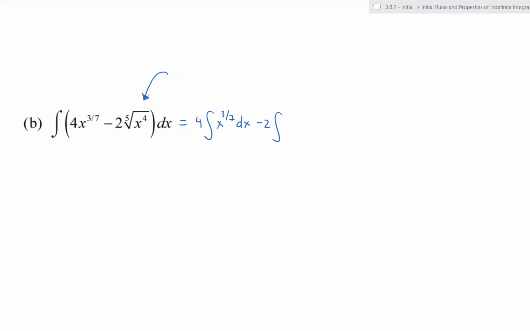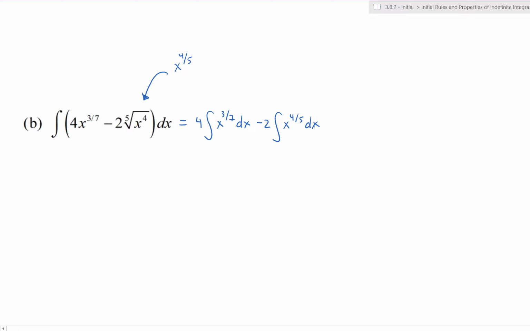So 5th root of x to the 4th is the same thing as x to the 4/5 power. So on that second integral, I get a minus 2 times the integral of x to the 4/5 with respect to x. So fractional powers, same thing.